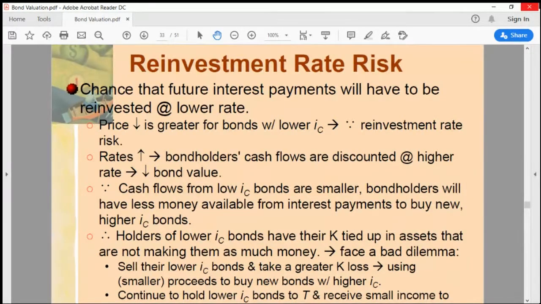Well, you got your money back, 1,100, but this can no longer be reinvested at 10% anymore. This is one example of reinvestment rate risk.